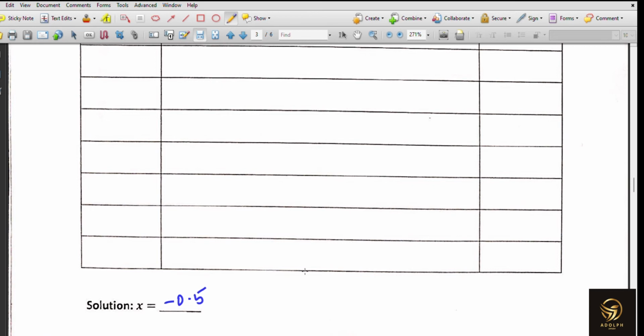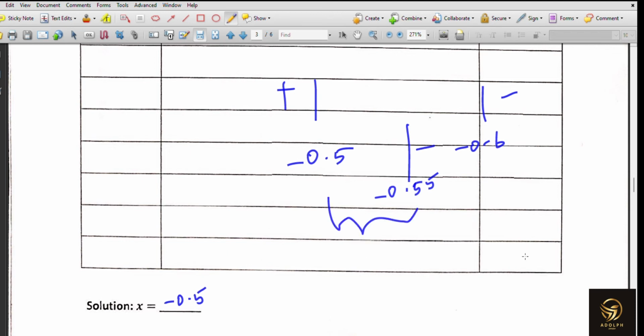Next, if you look into the next problem, I think you will get more idea of how to balance it. You can see that between minus 0.5 and minus 0.6 the change happens, so we are checking either this side or that side. I have taken one value in between, and this is negative. Here this is positive, this is negative, so the answer is in between these two values.